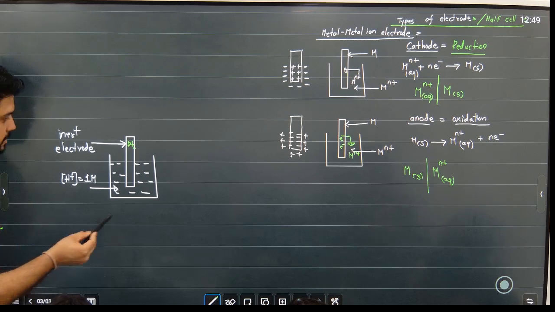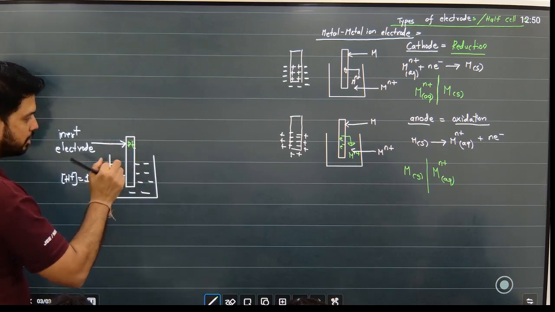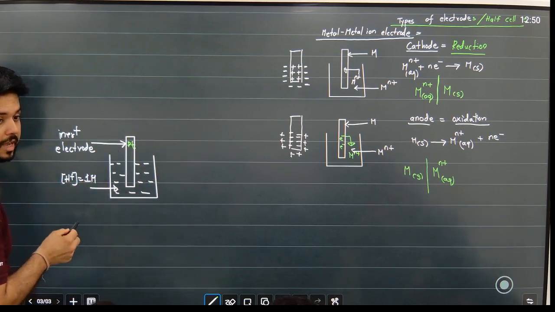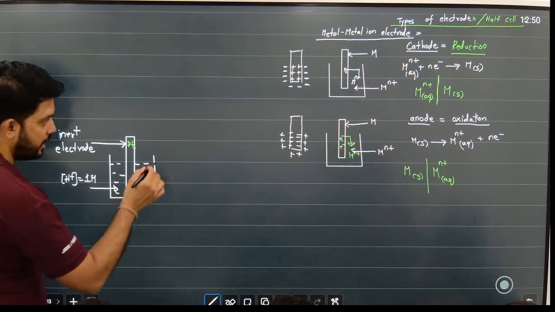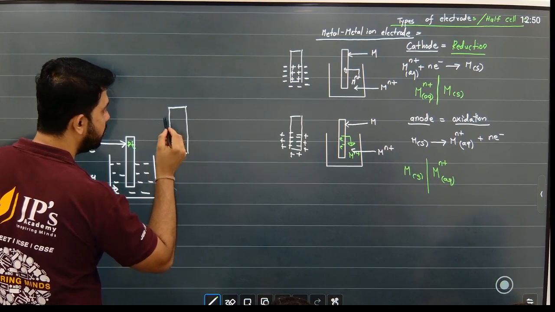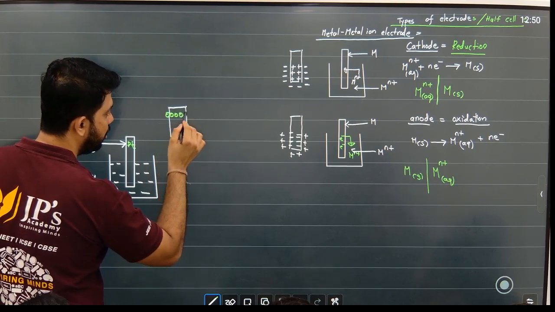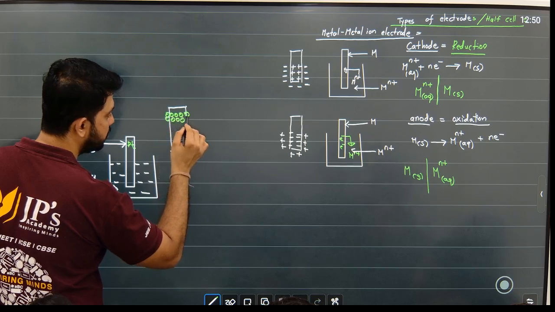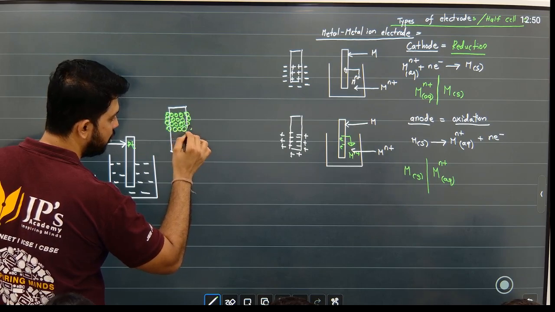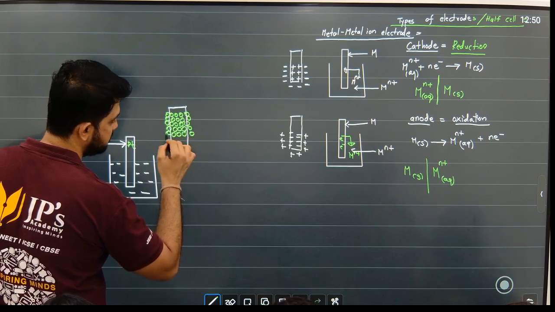Now what we do is, on this inert electrode, I have not drawn the whole diagram, but we bubble hydrogen gas, and the hydrogen gas is adsorbed on the inert electrode. What do you mean by adsorbed? Only on the surface.